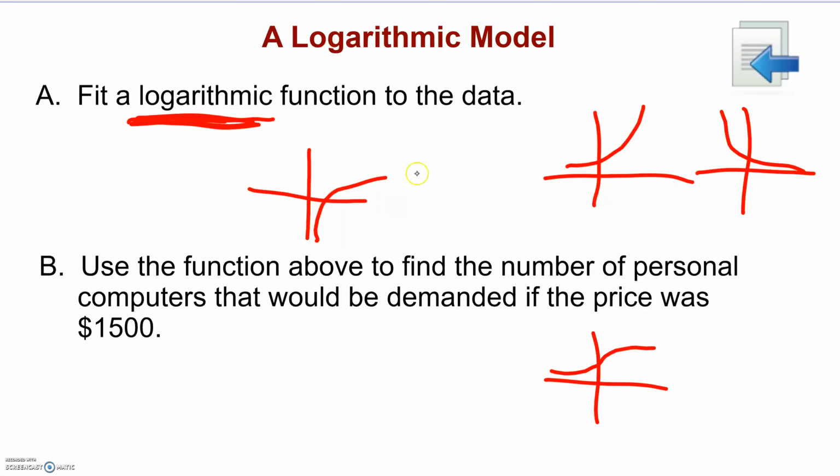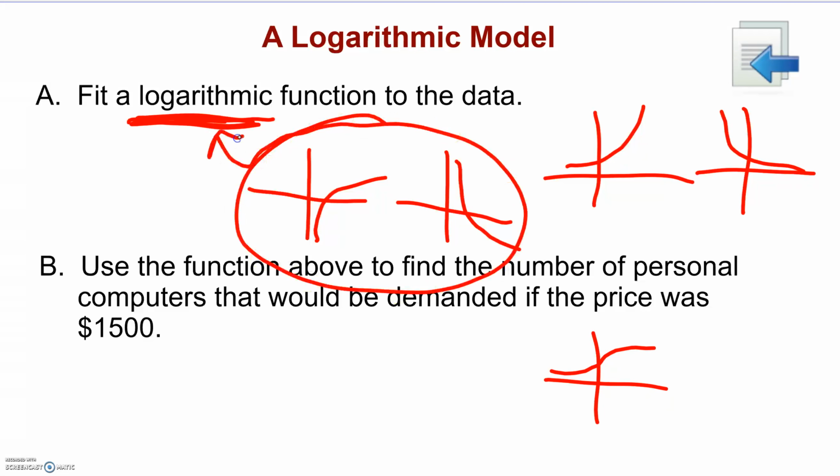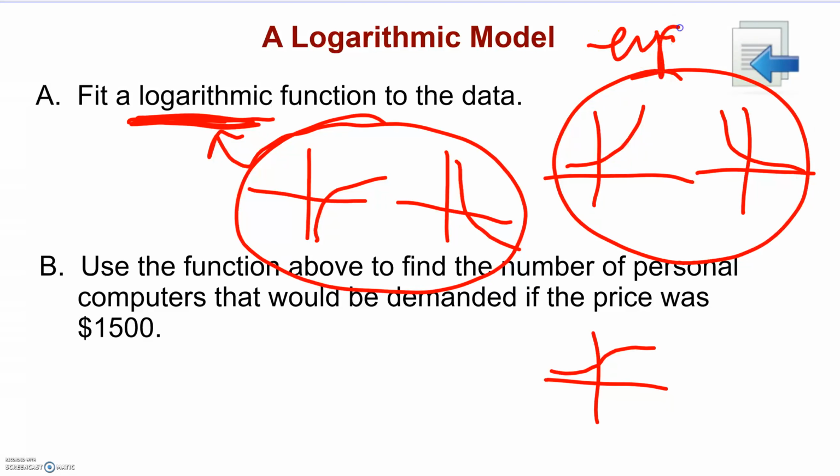It's going to be either an increasing one like this or a decreasing one like this. So these are the logarithmic type shapes. These are the exponential shape. And then this was the logistic shape. So here they're asking us to do logarithmic.